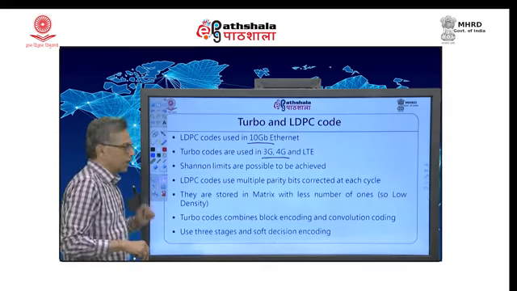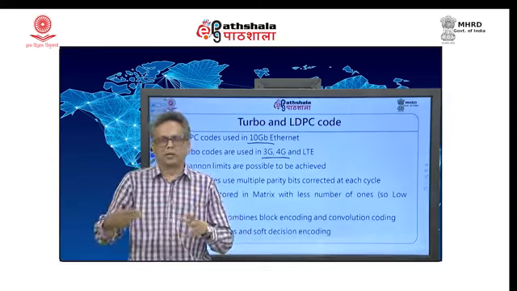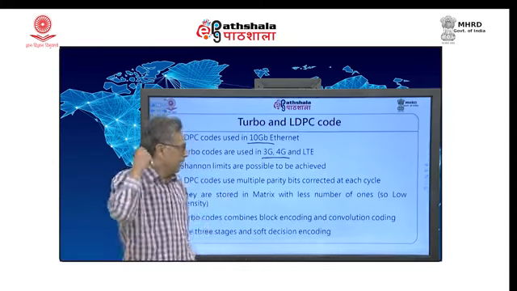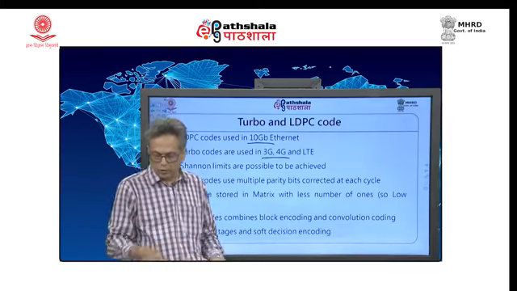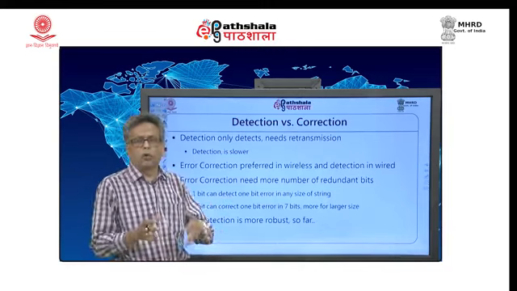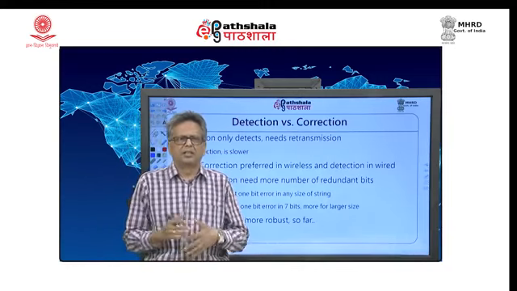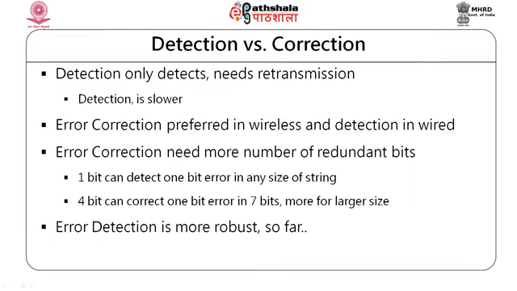Okay. And turbo code is something where there are 3 stages applied and will correct the error. Turbo code is again soft decision encoding code. Detection versus correction, I have already discussed that. Detection is good when the errors are less, correction is good when the errors are more.